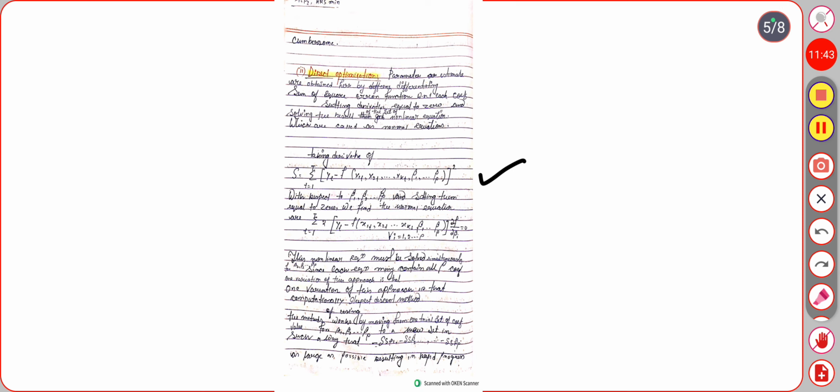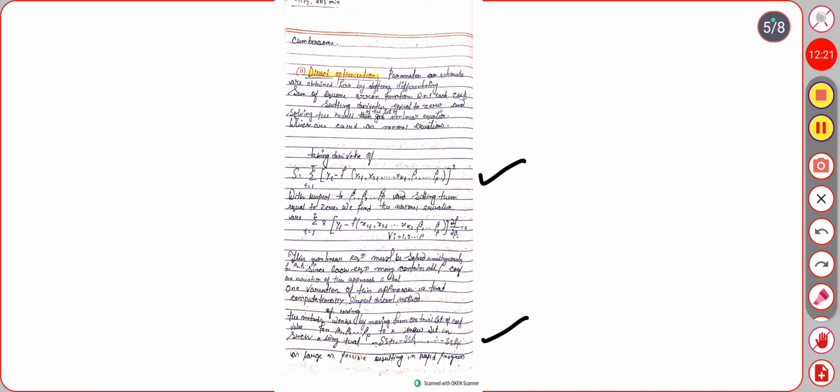The method works by moving from one trial set of coefficient values for beta 1, beta 2, beta 3 up to beta rho to a new set in such a way that minus del S by del beta 1, minus del S by del beta 2, up to minus del S by del beta rho are as large as possible, resulting in rapid progress to the values of beta 1, beta 2, up to beta rho that minimize S.